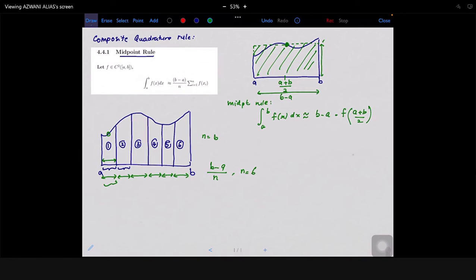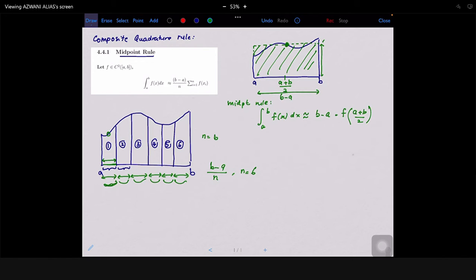Betul tak? Dapat tak setiap ni? Dapat kan? Okay. Alright, so kat situ faham. So nak dapatkan setiap sub-interval ni, B minus A, bahagi dengan berapa nilai N yang ada. So dapatlah setiap tu. Alright. Itu satu.